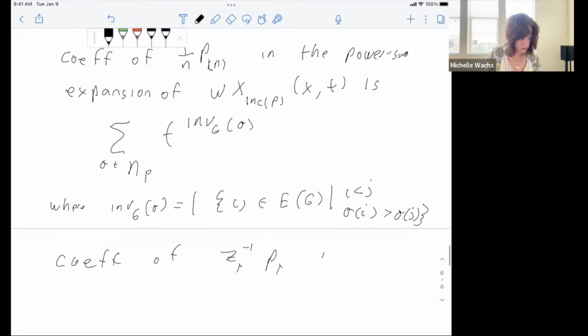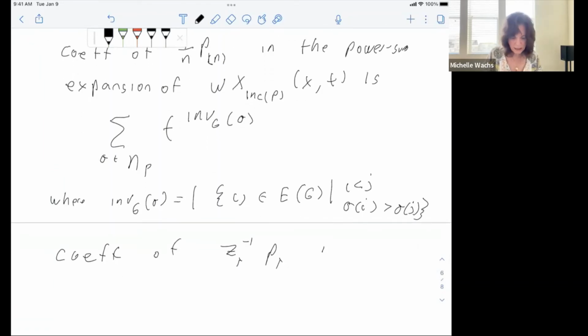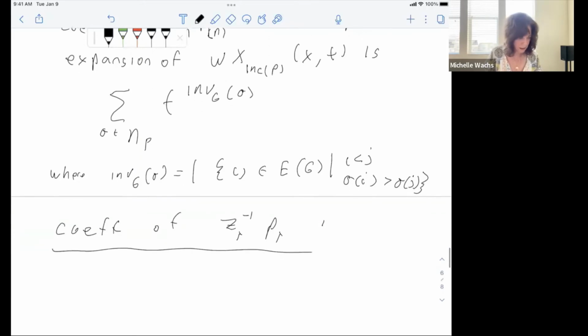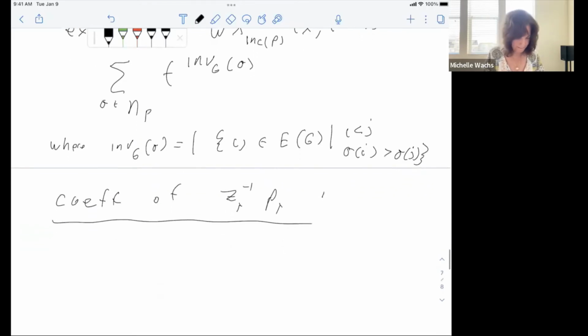In the expansion. To tell you what that is, I need some more terminology.